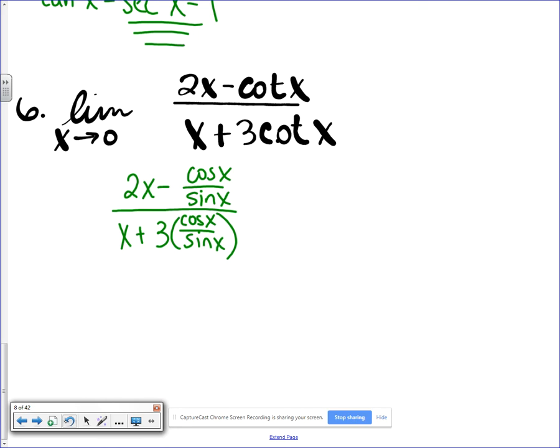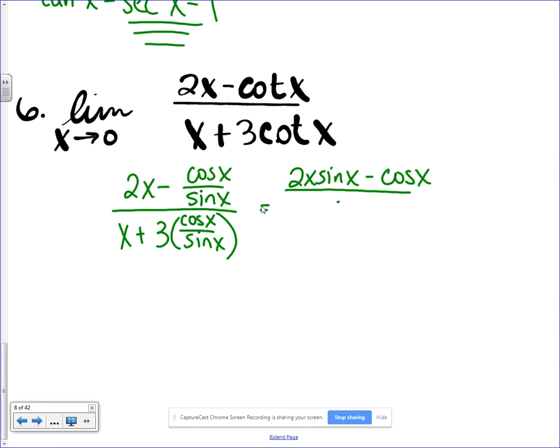All right, so what do you want to do here? Common denominator is going to be sine. So if I do that, that'll be 2x sine of x minus cos of x all over sine of x. There's my numerator. That first term had to be multiplied by sine of x.